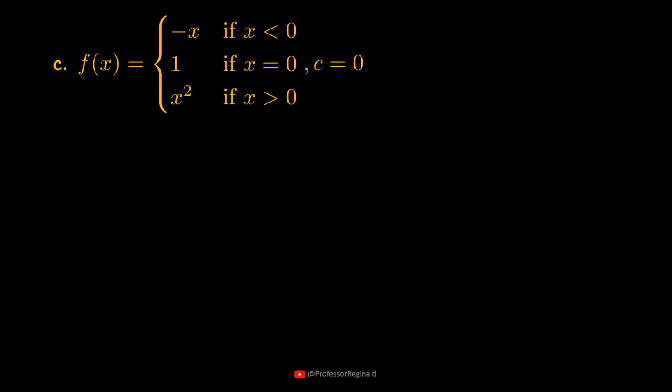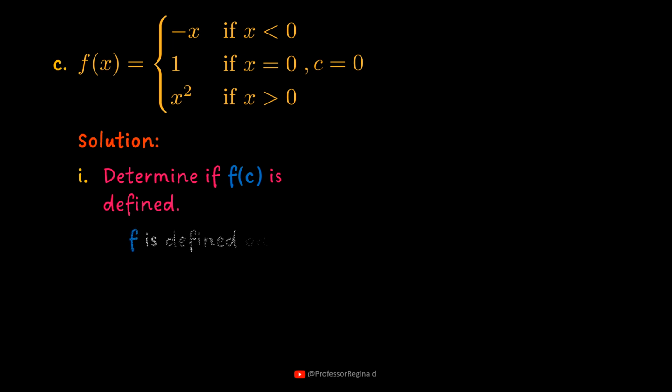c. F of x equals negative x, if x is less than 0, 1, if x is equal to 0, and x squared, if x is greater than 0, with c equals 0. Solution. First, determine if f of c is defined. F is defined on x less than 0, x equals 0, and x greater than 0.